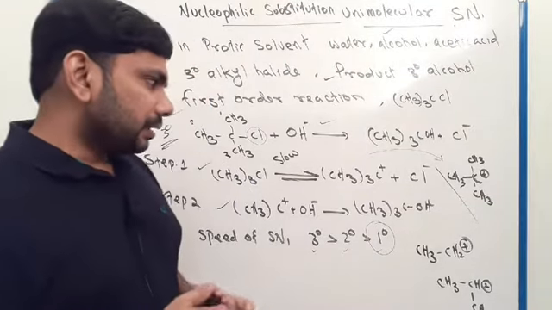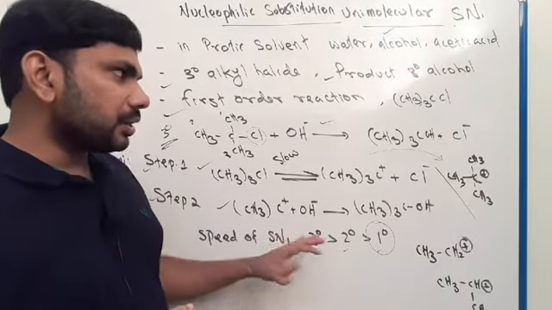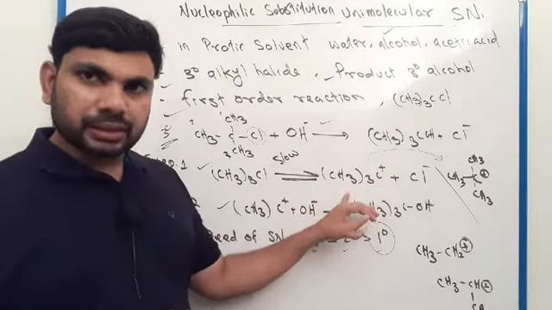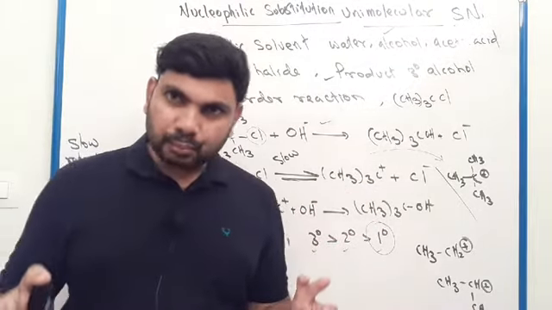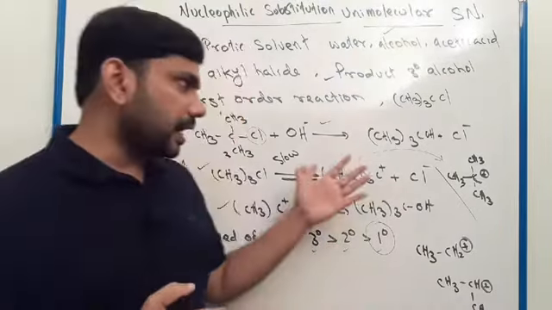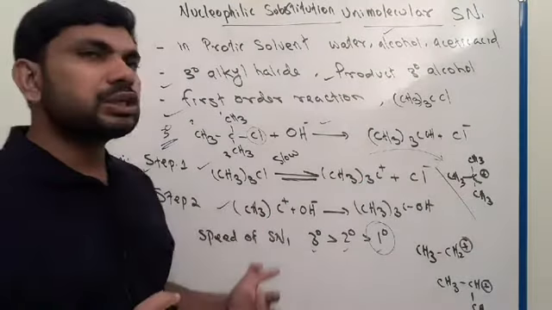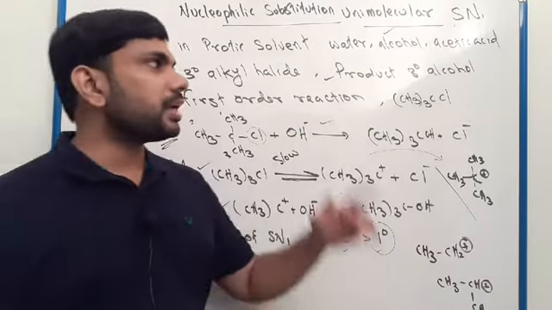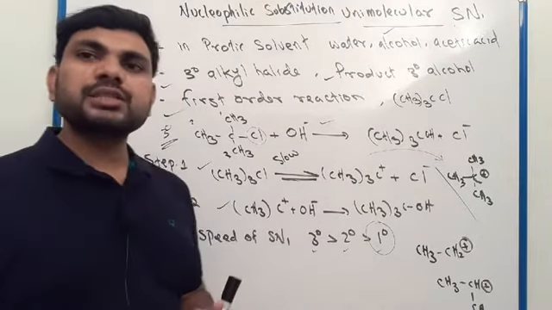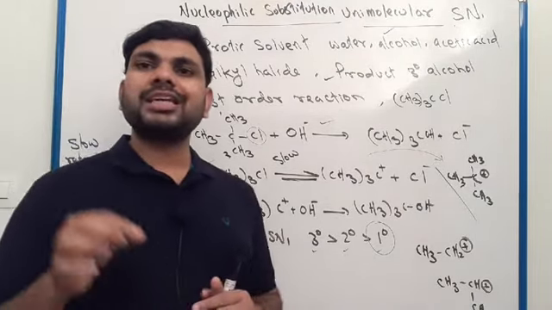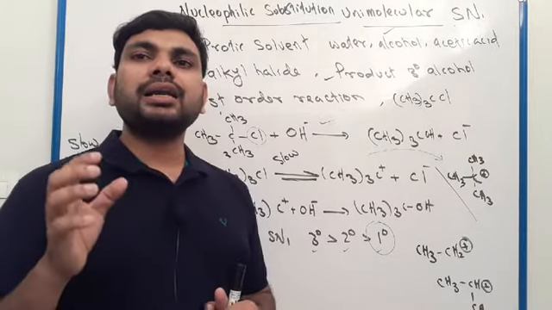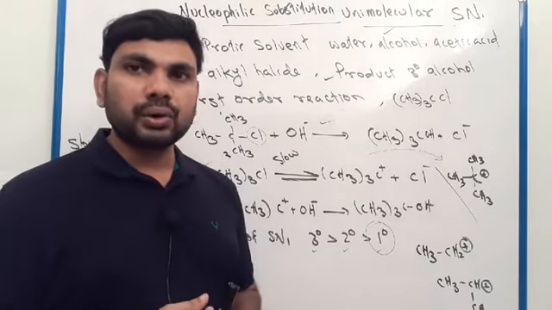So the rate of this reaction depends on the stability of the carbocation. The tertiary carbocation is more stable, that's why this reaction is faster. Here we discussed the nucleophilic substitution unimolecular reaction, the SN1 reaction. It takes place in tertiary alkyl halide and the product will be a tertiary alcohol.